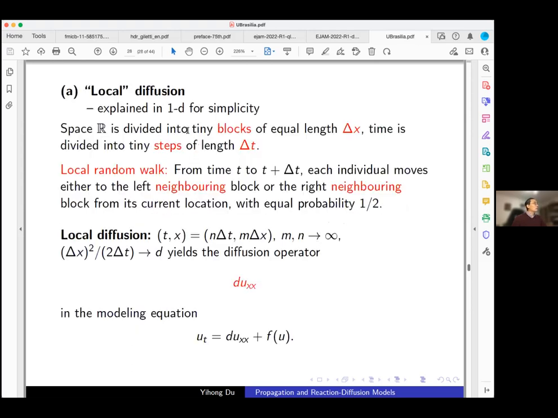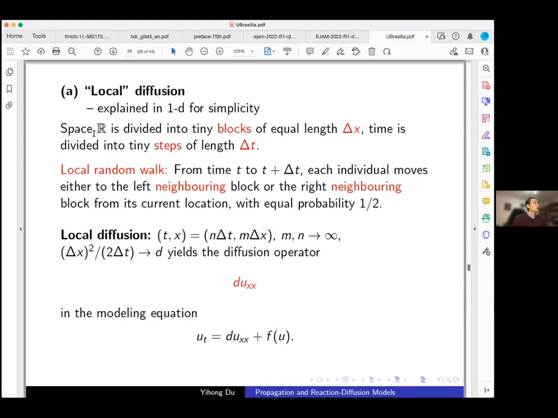So now, why do we call models 3 and 6 local diffusion, and what's non-local diffusion? Local diffusion really is because in the modeling process, you discretize your problem.